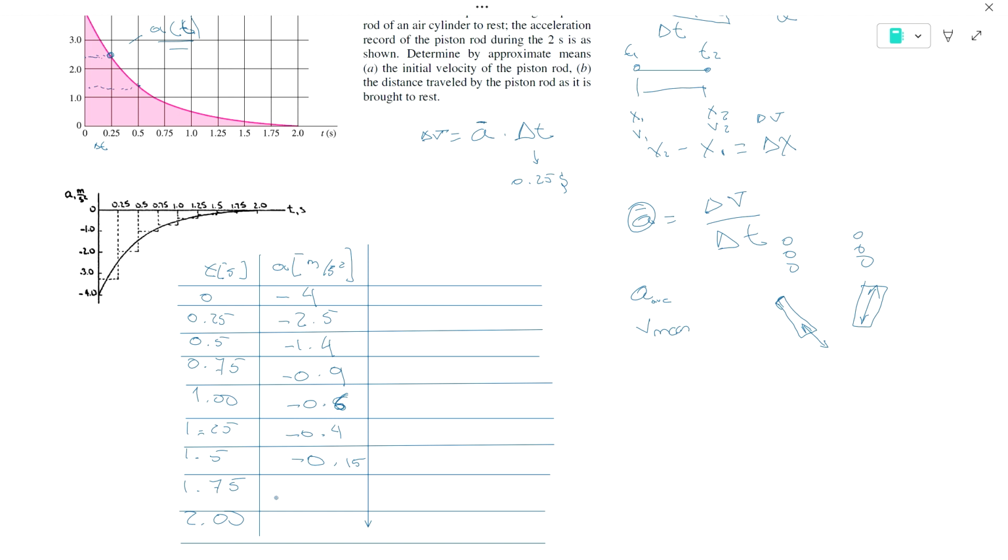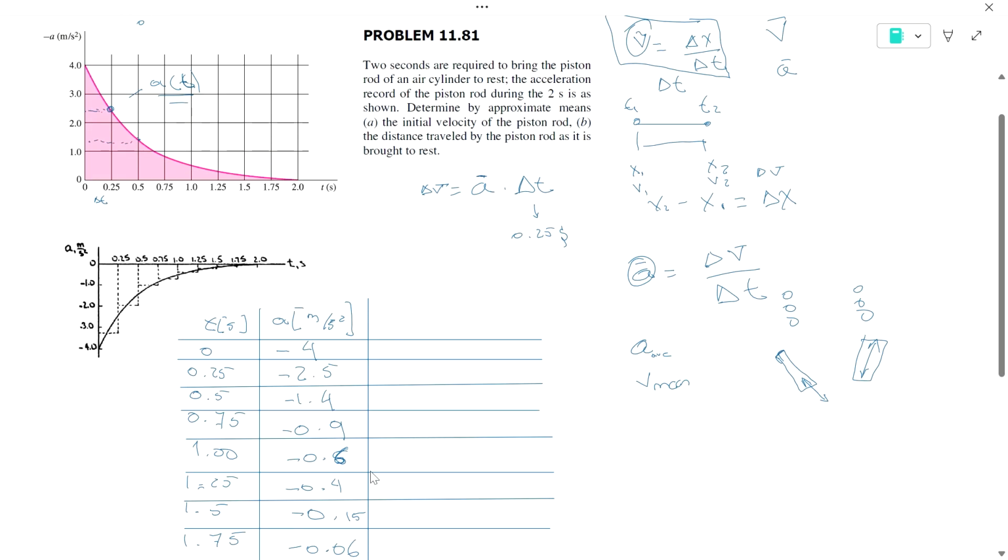At 1.75, that's going to be tough. Let's say 0.06 maybe, and then here at 2 is going to be 0. That should be pretty simple. Okay, so at 2.5, they have 0.9, negative 0.6, 0.4. Well, I think that's going to be close enough to what we need.